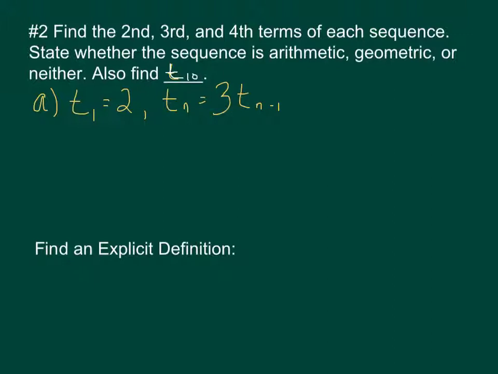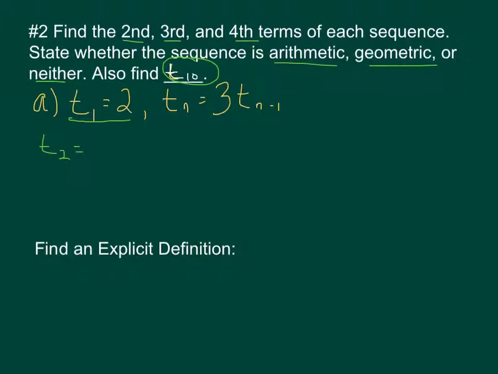Okay, so here are your directions. You are going to find the second, the third, and the fourth terms of each sequence and state whether it's arithmetic, geometric, or neither, and then also find T sub 10. Wow. A lot going on here. So, you know the initial condition. The first term is 2. So let's find T2.